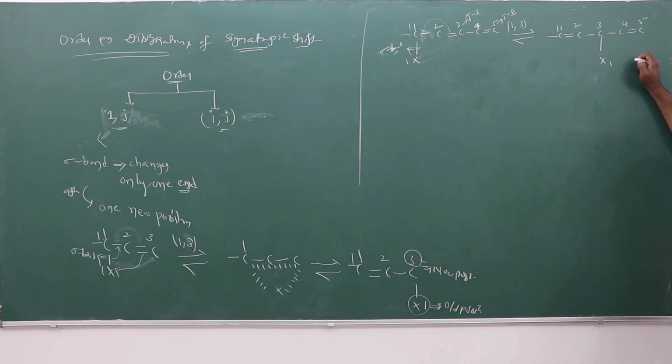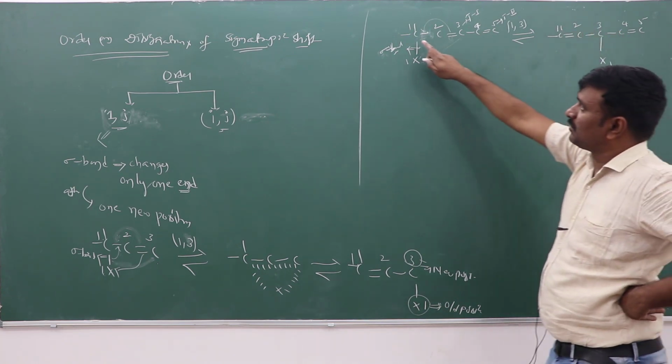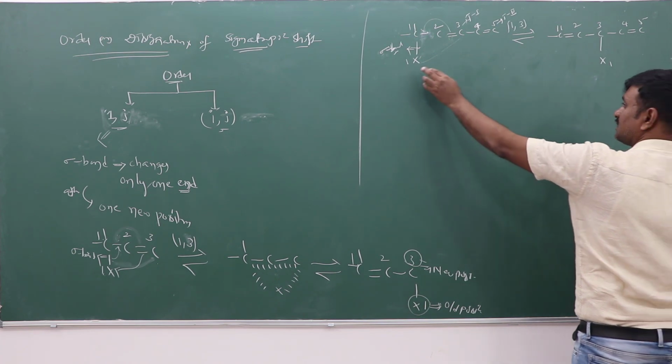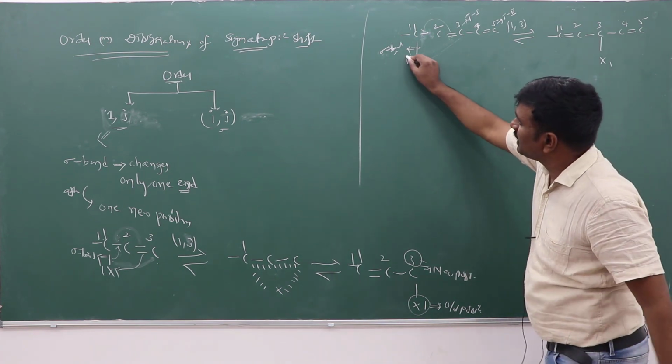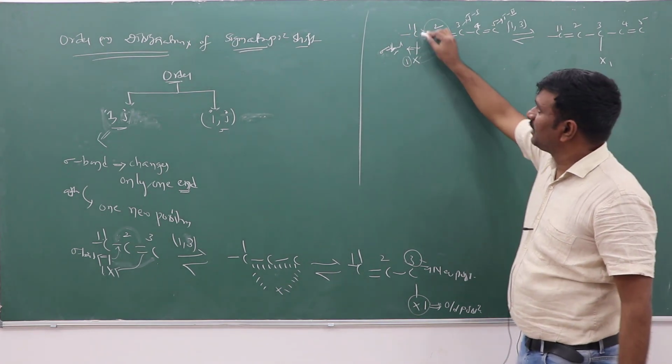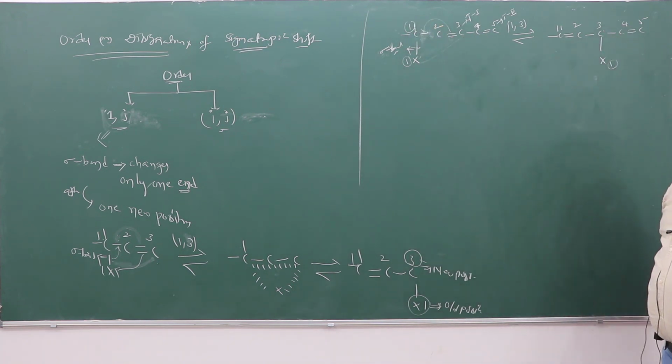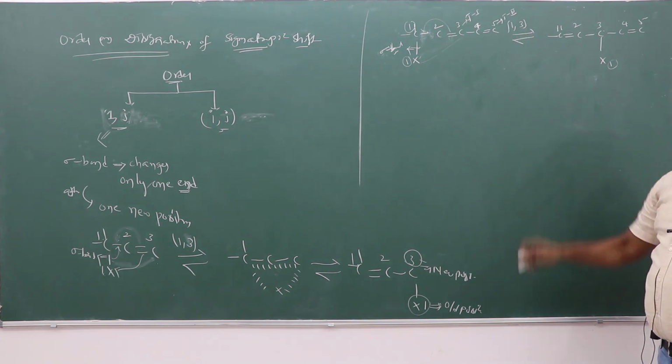So after the migration, a 1, 3 sigmatropic shift takes place. Only one end will be the new position 3. From the 1 to the 3 position it takes place. The earlier end was 1, and now it is the 1 and 3 positions. So this is a 1, 3 sigmatropic shift.